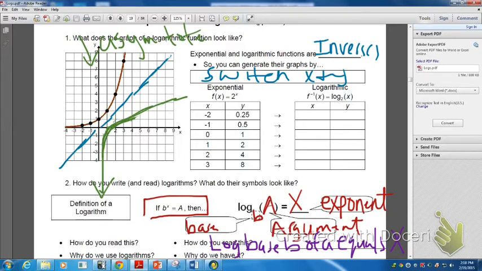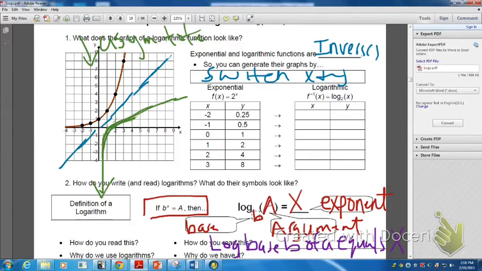Ready? Log base b of a equals x. Do it again. One more time. So what is the log? The log is the exponent. Your log is the exponent.